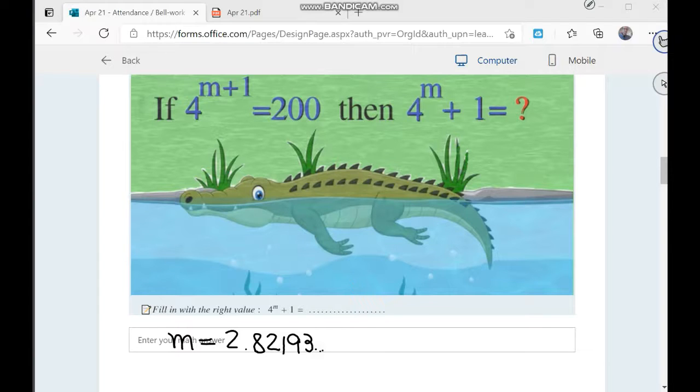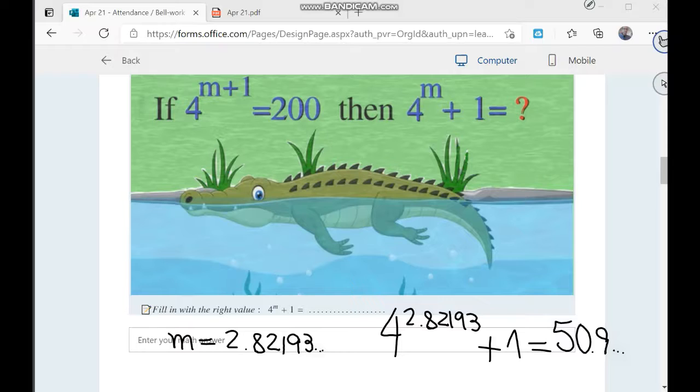Then you plug in m, 4 exponent 2.82193 plus 1, and you're going to find 50.9, and then lots of decimal places as well.